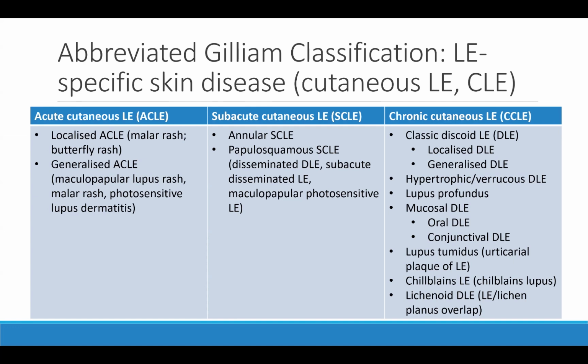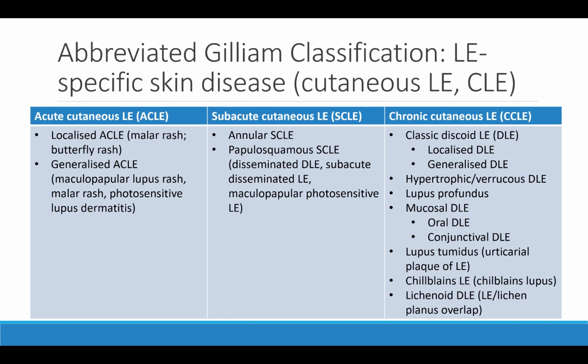Next, under SCLE, there are 2 types: annular SCLE or papulosquamous SCLE. The latter condition is also known as disseminated DLE, subacute disseminated LE, as well as maculopapular photosensitive LE.